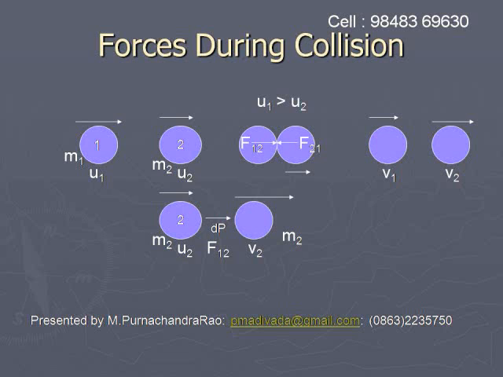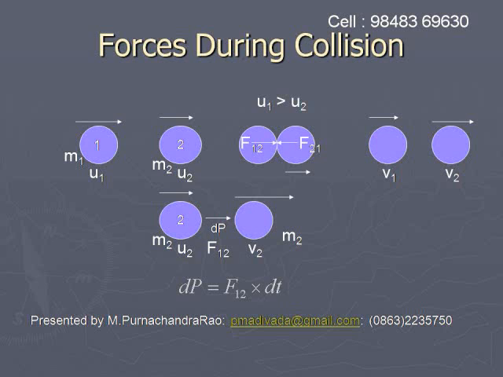F12 is in the direction of its momentum, m2u2. Hence, the momentum will increase for the second body. So, the velocity of the second body increases. So, V2 will be greater than u2. V2 is the velocity of the second body after collision.